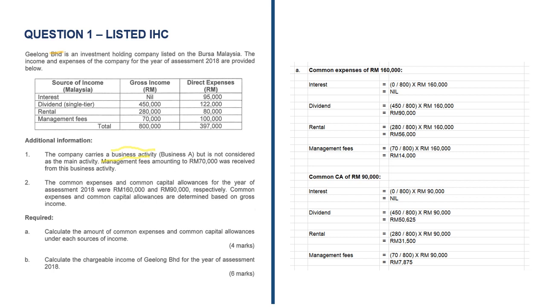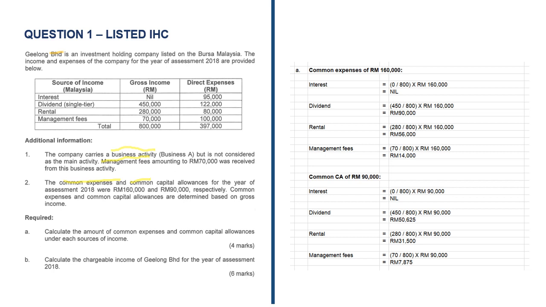Note number 2, common expenses. So please note here, we have common expenses and also common capital allowance. So remember, dalam my video before, I dah bagi tahu dah, bila common expenses, we need to apportion. Okay, kita ada common expenses of 160,000 and common capital allowance 90,000.